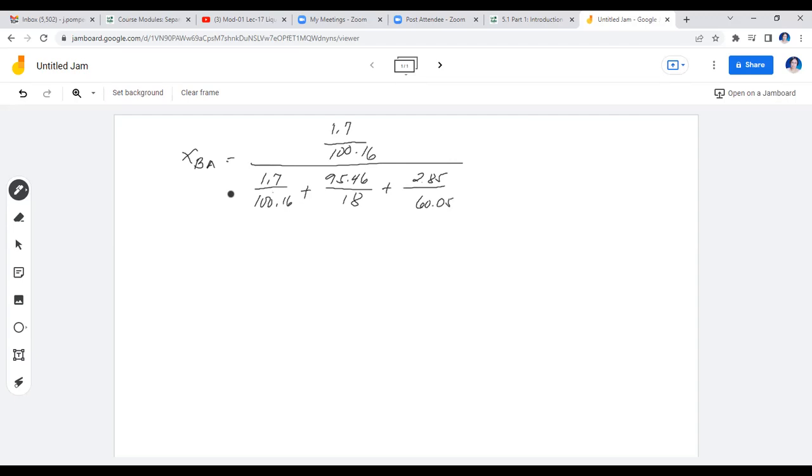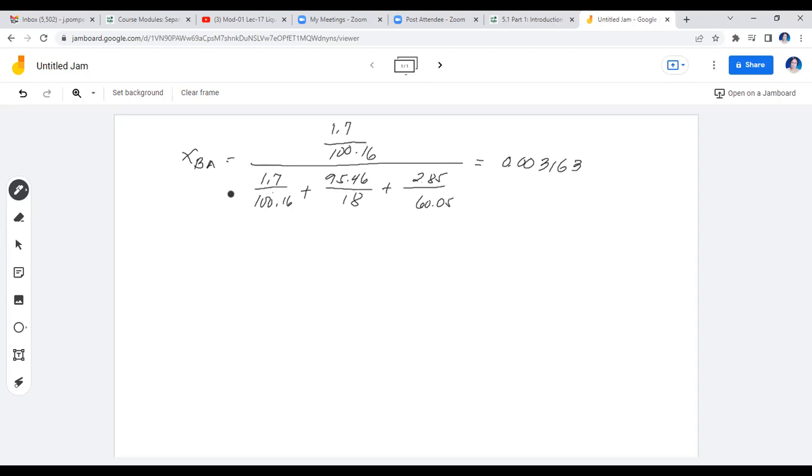So these are all in moles. The mass values of the three components were now converted to moles. So this is the total number of moles in the denominator, and the numerator is just the number of moles of B, which is our methyl isobutyl ketone. Now for this one, you will have an answer equivalent to 0.003163.